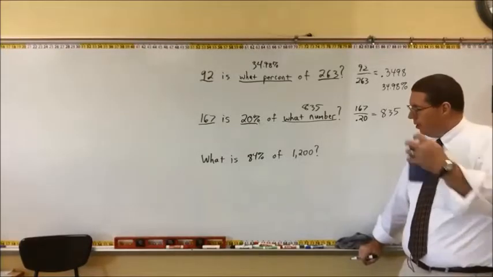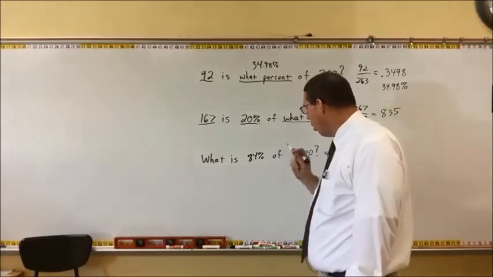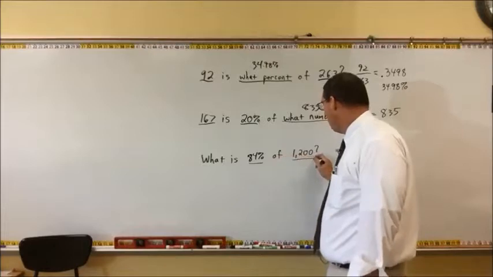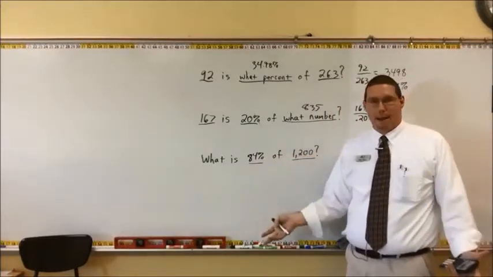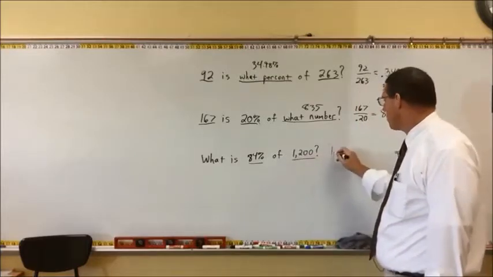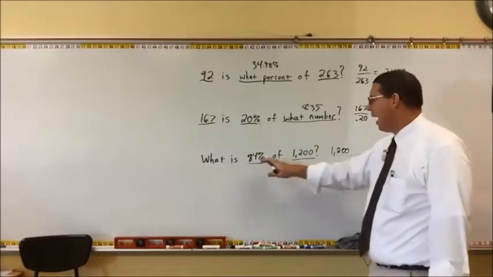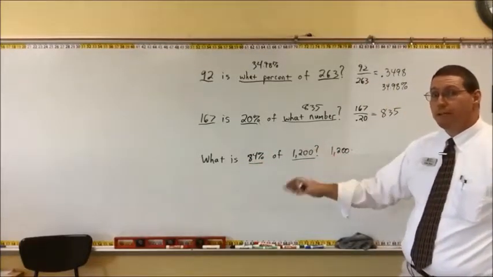All right, hopefully you gave this a shot. And remember, we always multiply the percentage times the of number, right? And since we have both of those numbers, we can multiply. We'll take 1,200 and multiply it by 84% as a decimal. We got to first turn it into a decimal.